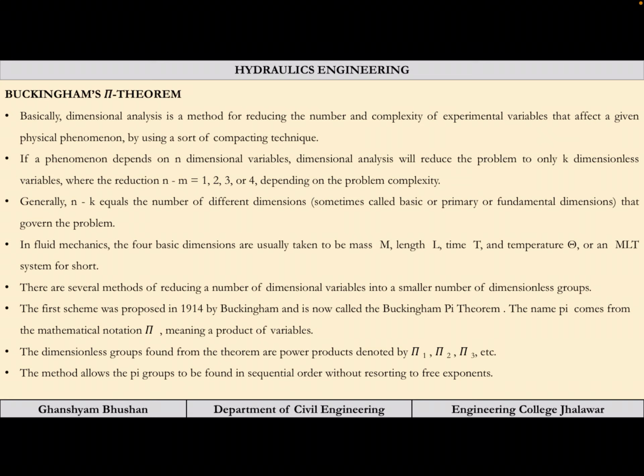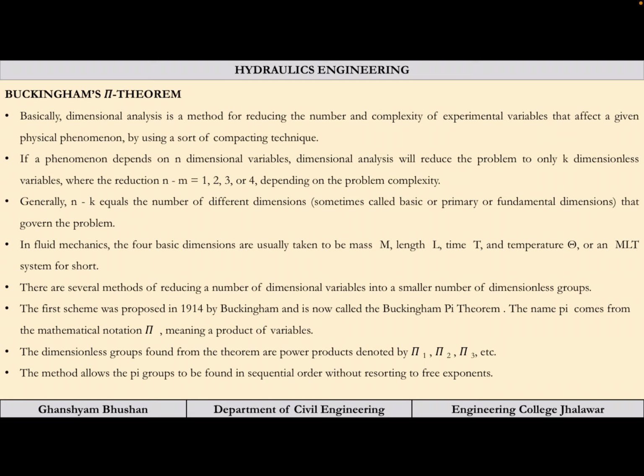Generally n minus k equals the number of different dimensions that govern the problem, sometimes called basic, primary or fundamental dimensions, which we discussed in our second lecture: MLT and theta, or FLT and theta. In fluid mechanics, the basic four dimensions are usually taken as mass, length, time and temperature.